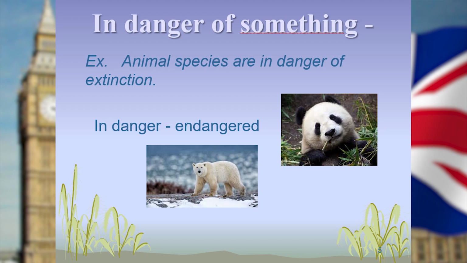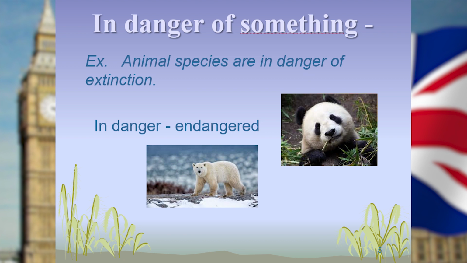Here are some word combinations with this word. In danger of something. For example, animal species are in danger of extinction. Pay attention, mind please. In danger and endangered species. These are the animals which are living not so much in the world.